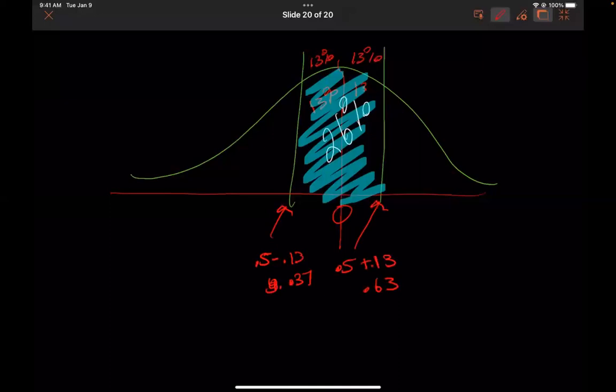I lost, how come the center there is 0.5? Because 50% of my area is here and 50% of my area is here.